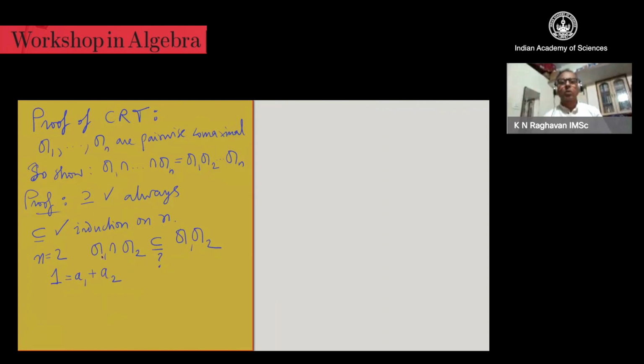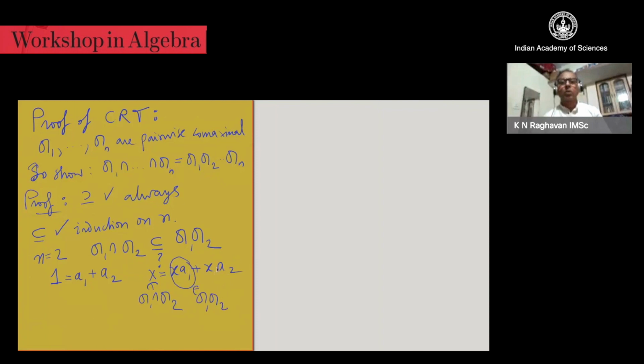Now suppose X belongs to A1 intersect A2. I think we did this last time, but let's anyway do it. X equals XA1 plus XA2, where X is in A1 intersect A2. Then notice on the right side, in XA1, X belongs to A2. Therefore, this belongs to A1A2.